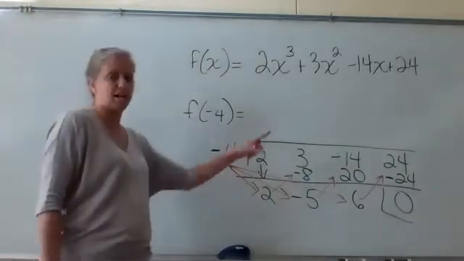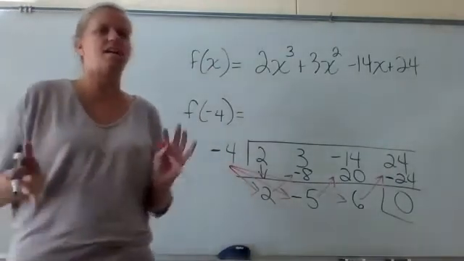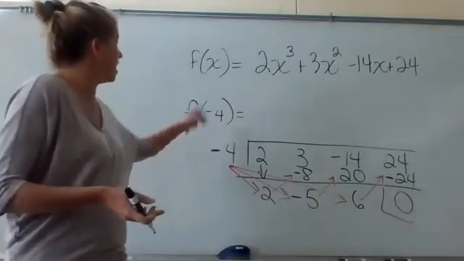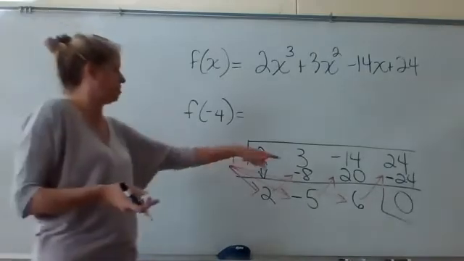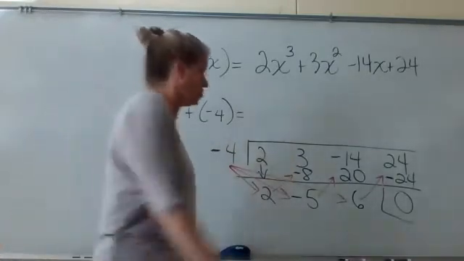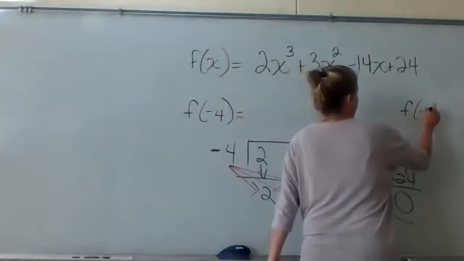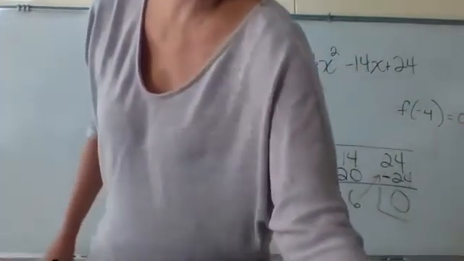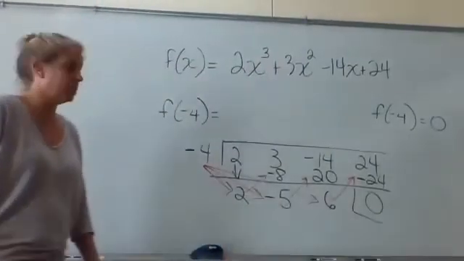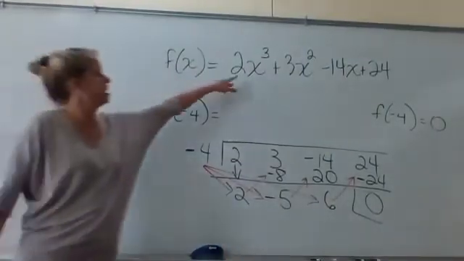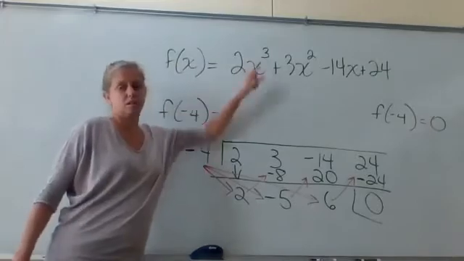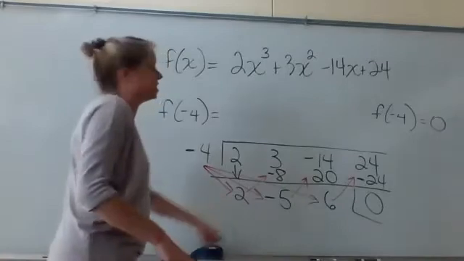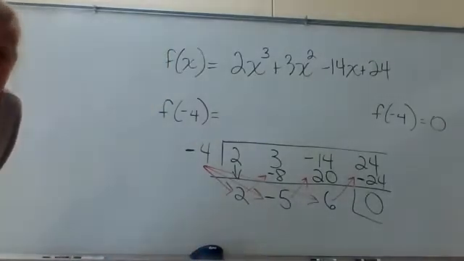So let's write that over there and remind ourselves, because this one is like you choose A, B, C, or D, and I need to remember that -4 is a solution because the function value is 0. So f of -4 is 0. Now, remember, if I started with an x cubed right here, what I'm left with down here is an x squared.